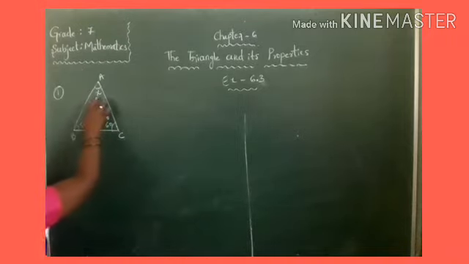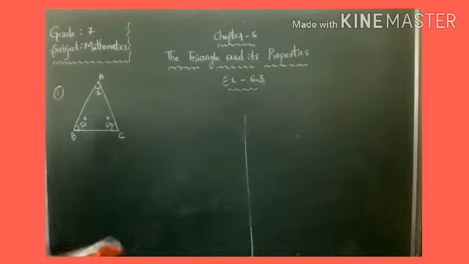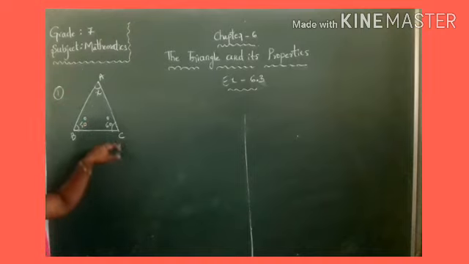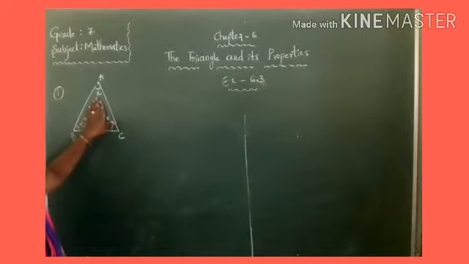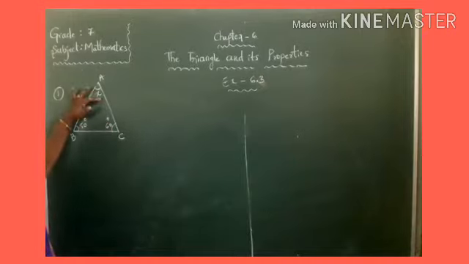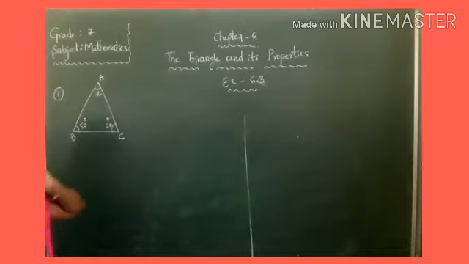So here the unknown x is there. First of all, listen. It is a triangle ABC. It contains how many angles? 3 angles: x, 50 degrees, 60 degrees. We have to find this angle. How will you find this one? Yes, by using the angle sum property.